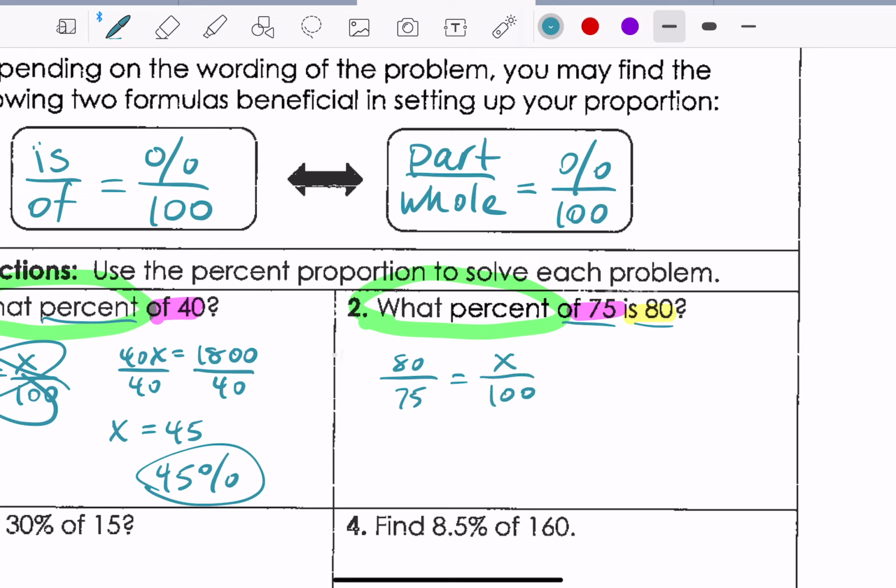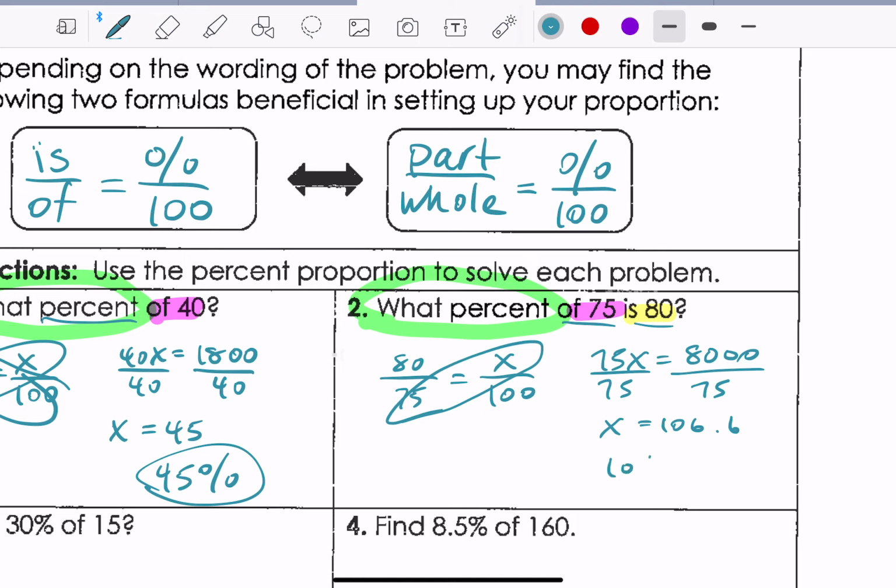So I set it up for solving my proportion with cross products. I get 75x equals 80 times 100, which is 8,000. Divide both sides by 75 to solve for x. X is going to be equal to 106.66666. Just leave it at 6. And remember, they wanted to know the percent, so I better make sure my answer is a percent.